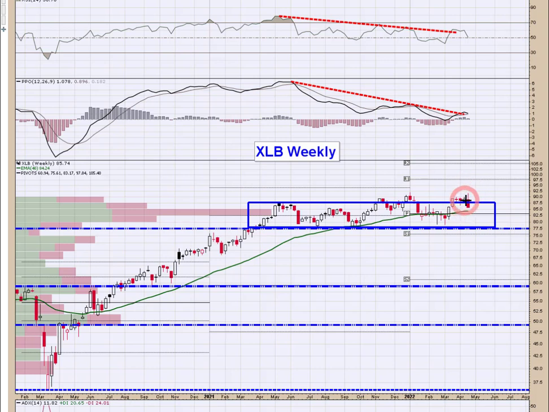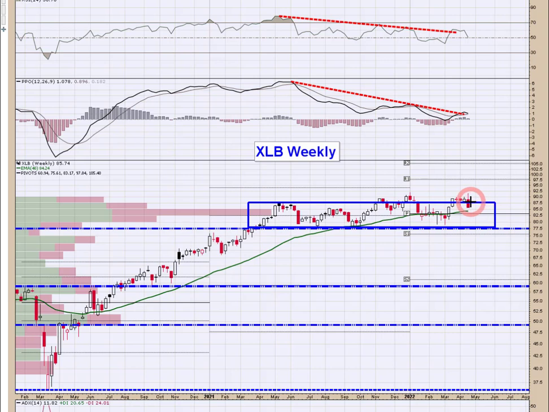But now look what's happened. We had a move higher that failed, and now we're back inside the prior trading range. And you can see on this last occurrence, our technical target of finding the bottom of the box held true. So going forward, my base case for this is to find the bottom of the box down towards 77.50.